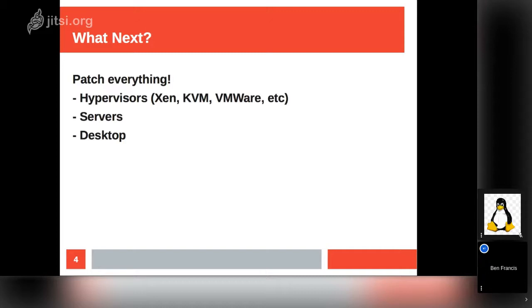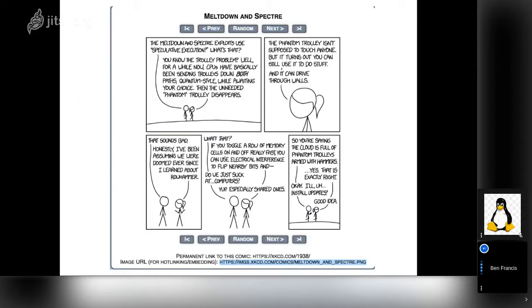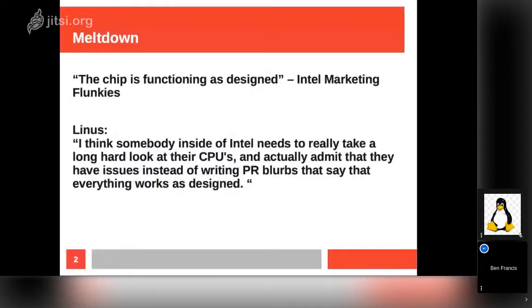So yeah, comments on this have been wide ranging. Intel came out and says everything's functioning as designed. That was the Intel marketing flunkies, and Linus's response was, "Hey, this is a real problem, and instead of trying to protect your stock price while your CEO is selling all the stock, which actually happened, the Intel CEO sold all his stock in November, knowing all this was coming down the pike."